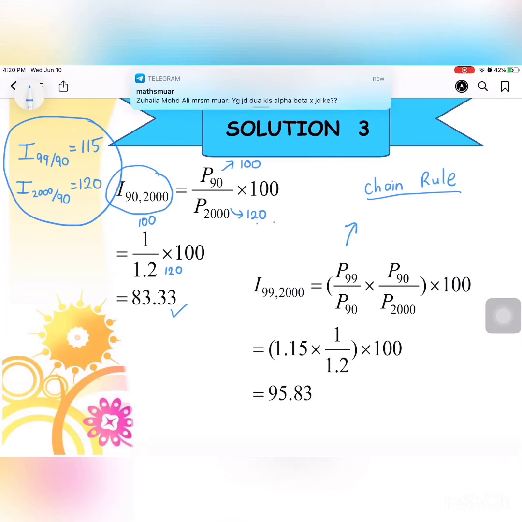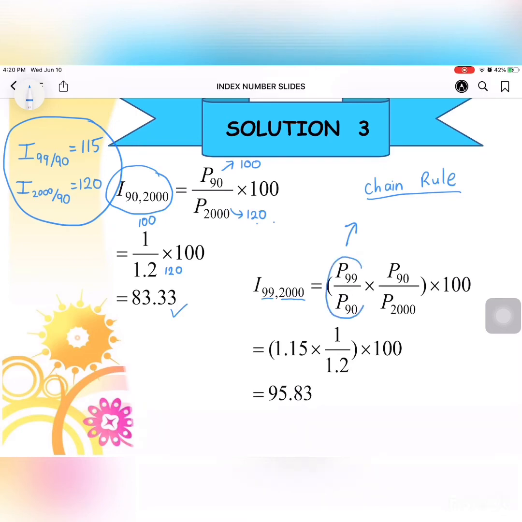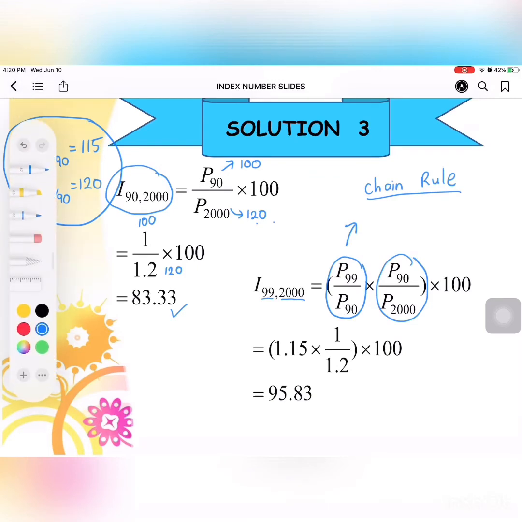So the chain rule becomes: if we want to find the price index of 99 on base 2000, we have to find the index number of 99 over 90 times 90 over 2000. You see, what did I mention earlier?